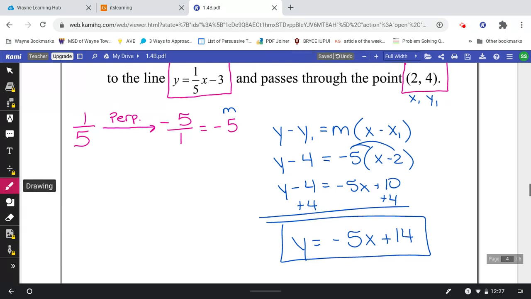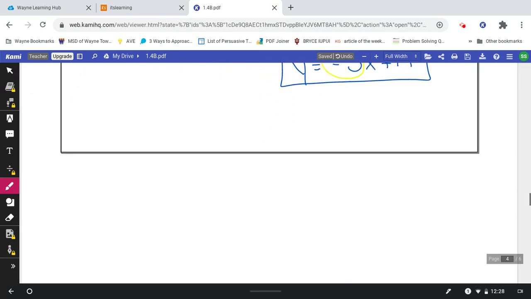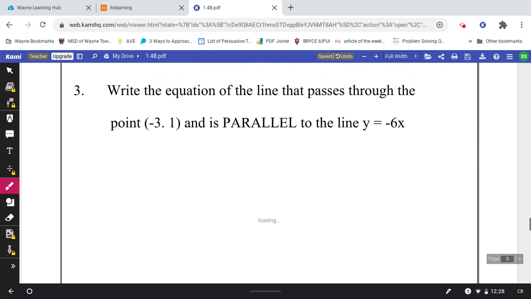You can compare your answer to what you started with. So your negative 5 on your slope should be the opposite reciprocal of your 1/5. Okay, for our next problem, same type of thing.